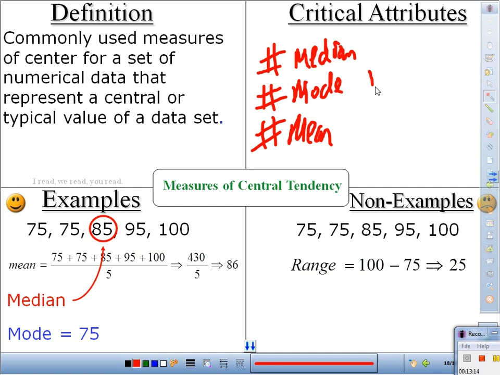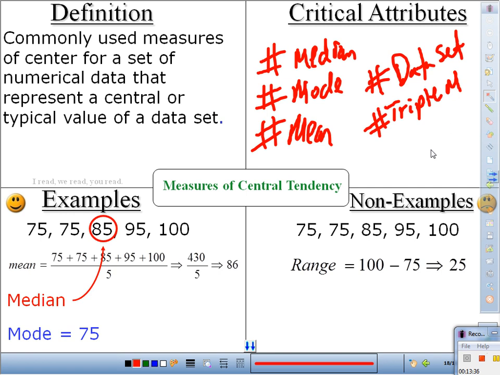Ryan, another one. Data set. Okay, yeah, you need that. It's not part of the measures of central tendency, but yeah, you do need it. How about triple M? Mean, median, and mode. Hashtag no range. And we'll stop right there. No range.